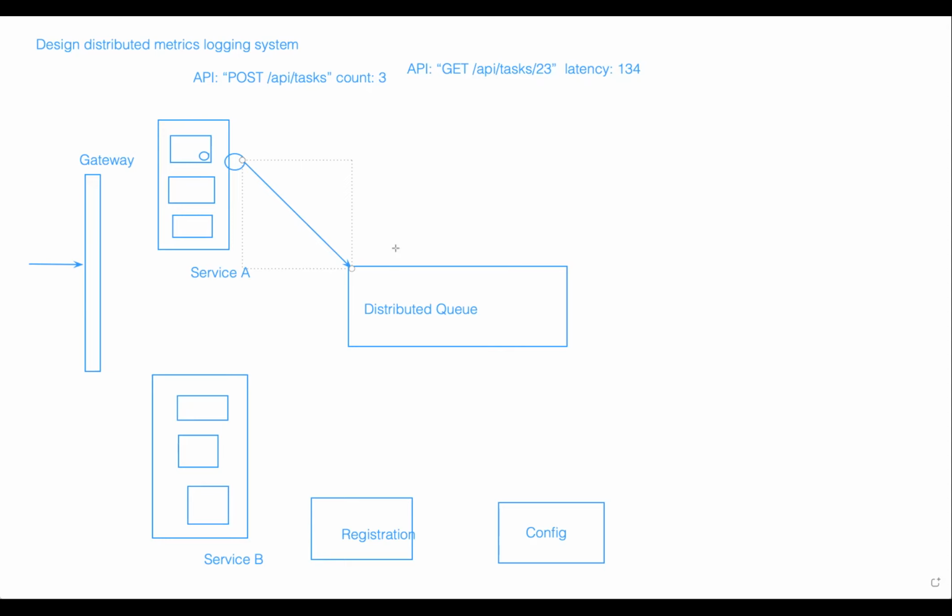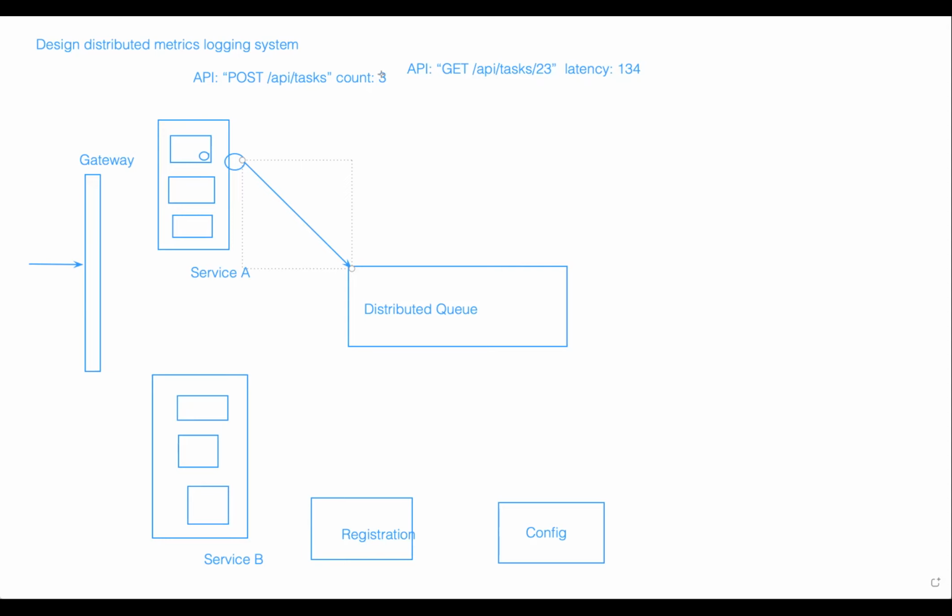If we are talking about latency, we may have 90th percentile, 100th percentile, 50th percentile, so for latency you might need to aggregate for different APIs, right? Let's say if the API tasks is called 3 times, maybe we want the average. We usually use percentile, and we might also want a minimum and a maximum latency.